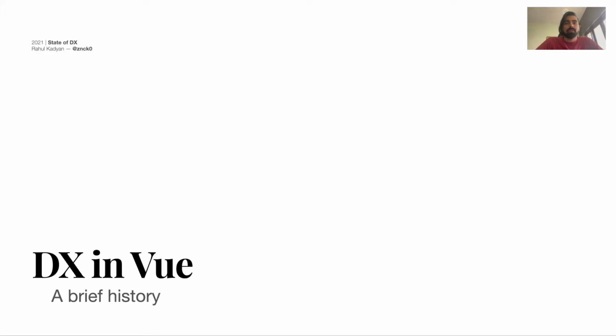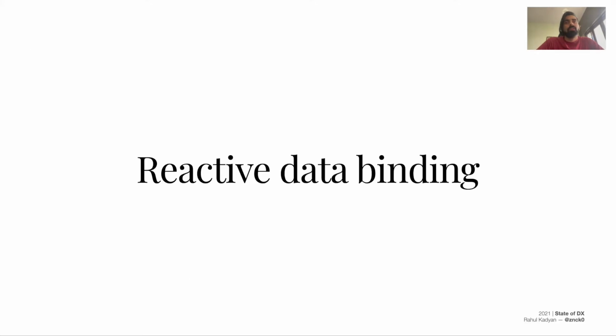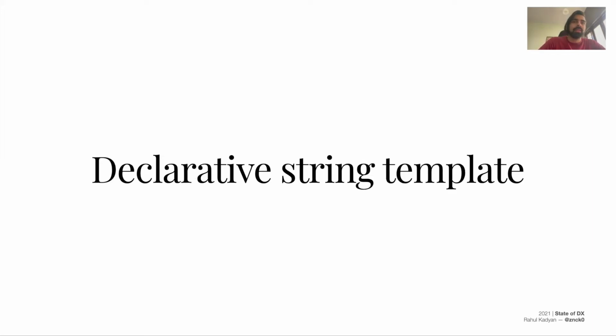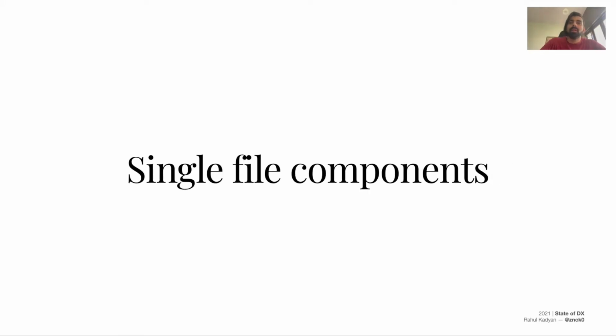So let's start with DX in Vue. Vue was introduced with reactive data binding, which made synchronizing state between JavaScript and DOM much easier. When combined with its declarative string templates, authoring components was objectively better, and this led to the single file component, which is an HTML-like file that houses your rendering logic and your programmatic logic.